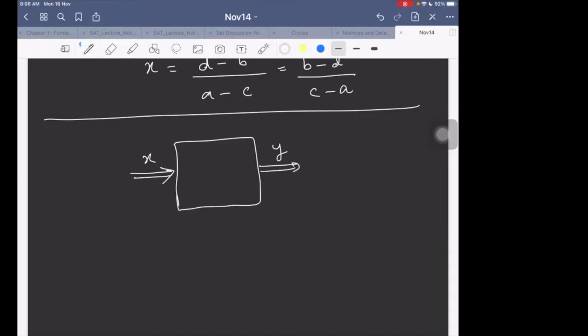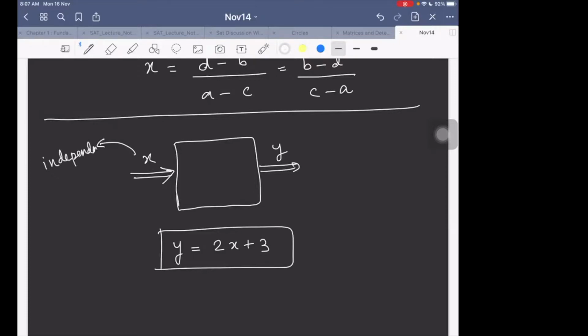You have different kinds of functions. For example, a linear function would look something like this, say 2x plus 3. y is equal to 2x plus 3 will be a linear function. In this case, your x is called the independent variable and your y is called the dependent variable.